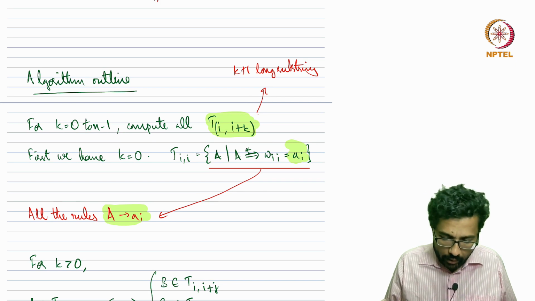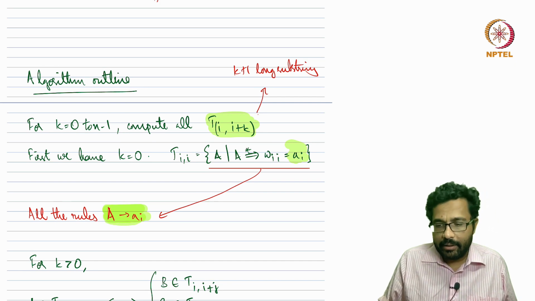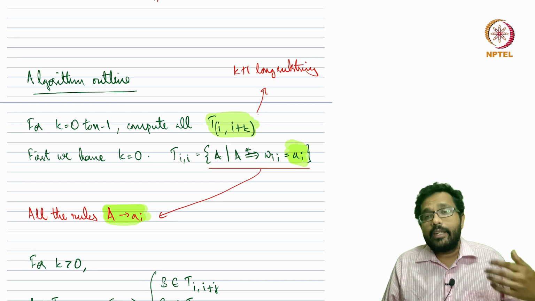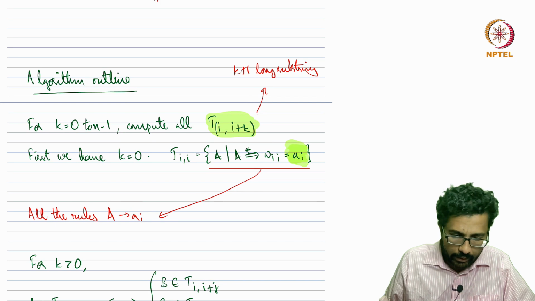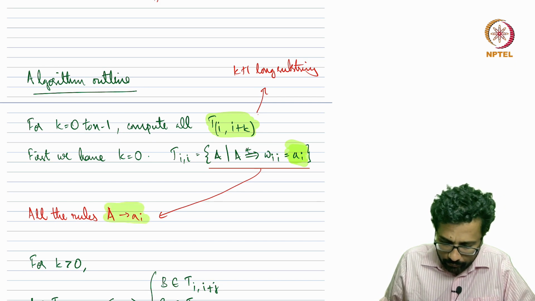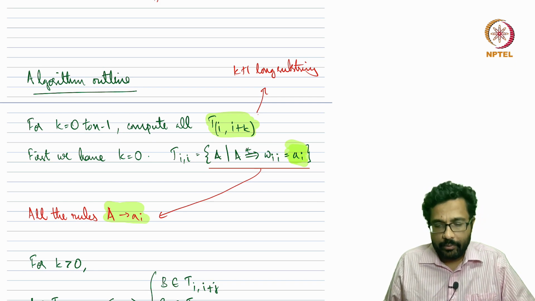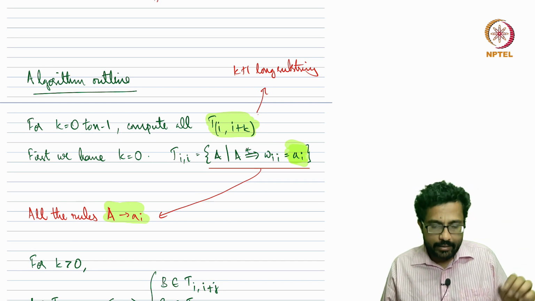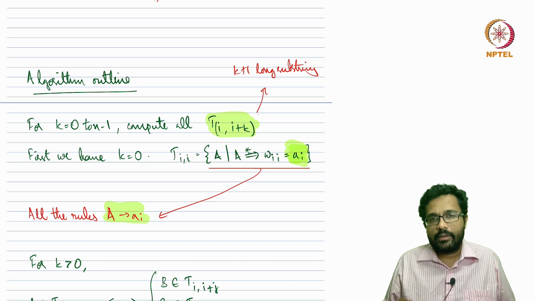If there is no such direct rule, you cannot produce this. So basically you go through all the rules and check whether such rules are there. Whenever such rules are there, you include the variable.